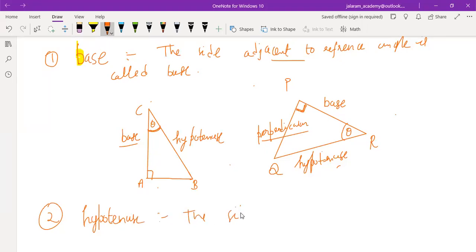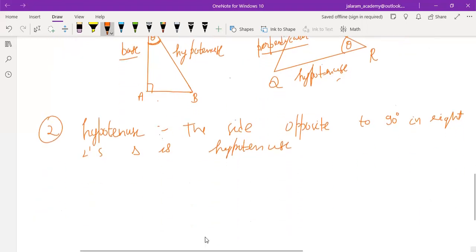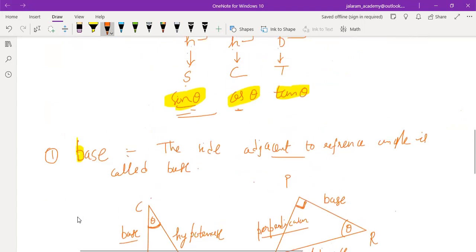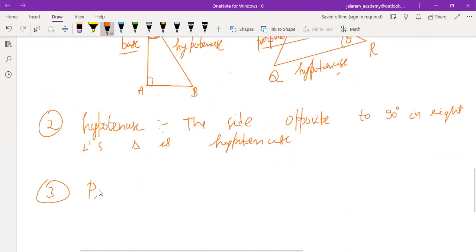The side opposite to 90 degree in right angle triangle is hypotenuse. And third is perpendicular.